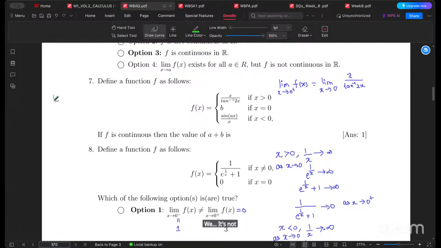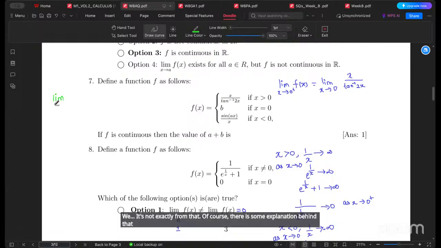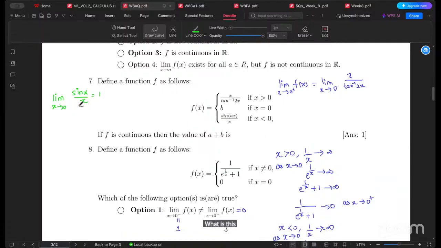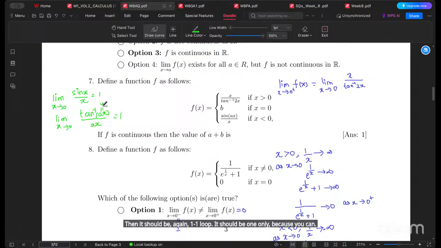Now here, there are a few formulas for us. It's not exactly a formula, of course there is some explanation behind that also. Limit x goes to 0 of sin x by x is 1. Same way, limit x goes to 0 of tan inverse of x by x is 1. If in place of x both are ax, it should be again 1 only, because you can treat ax as y.